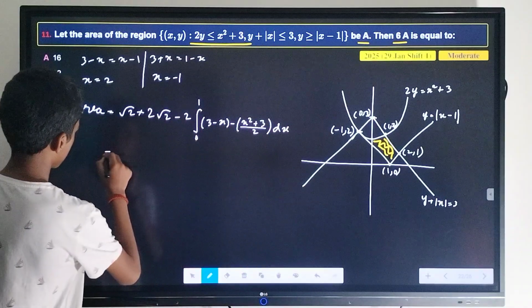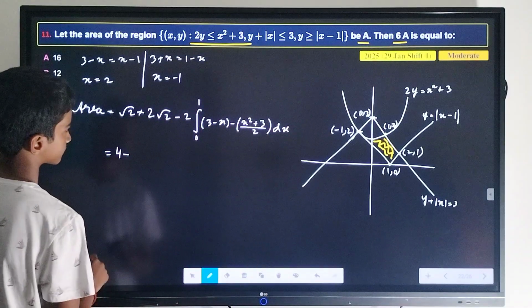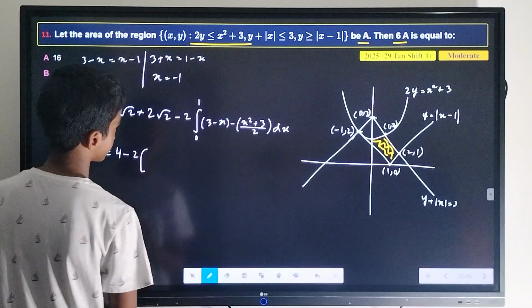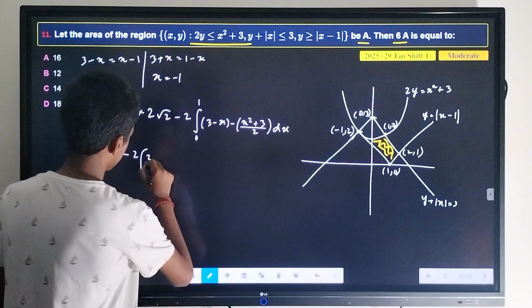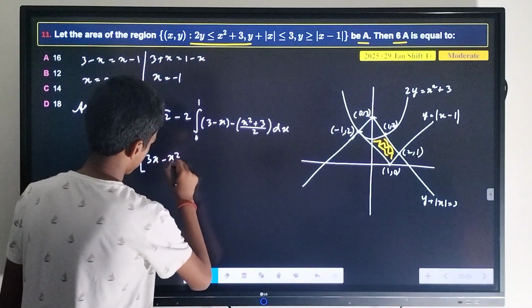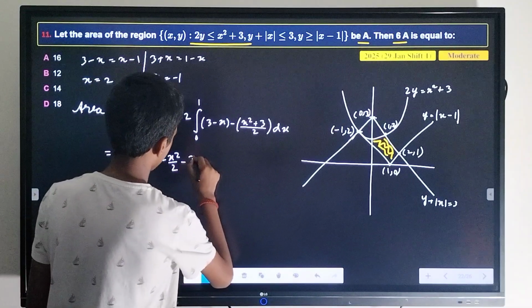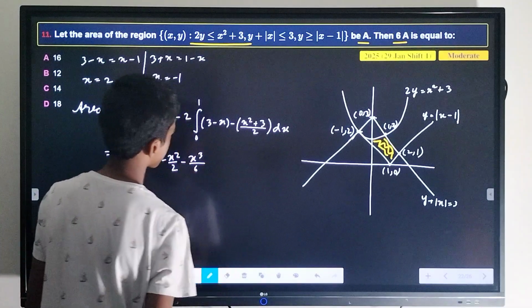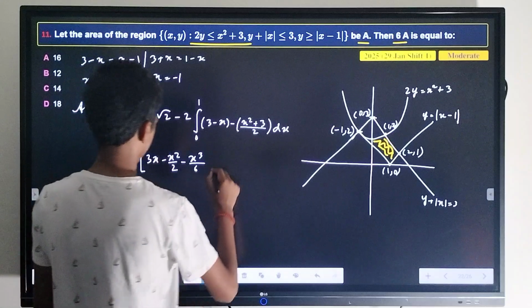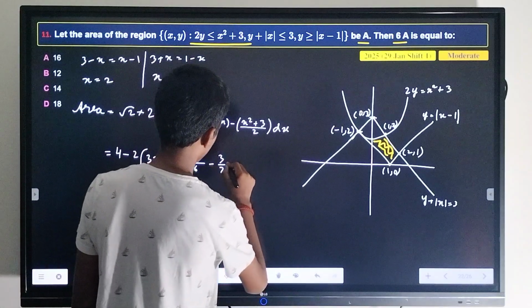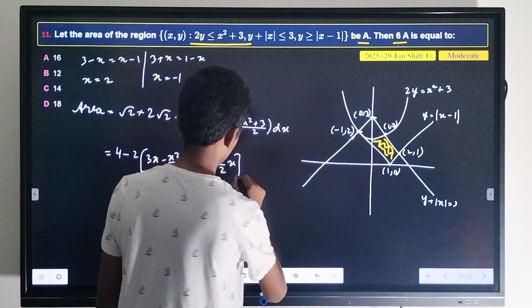So this is equal to 4 minus 2 times 3x minus x square by 2 minus x cube by 6 minus 3 by 2 x from 0 to 1.